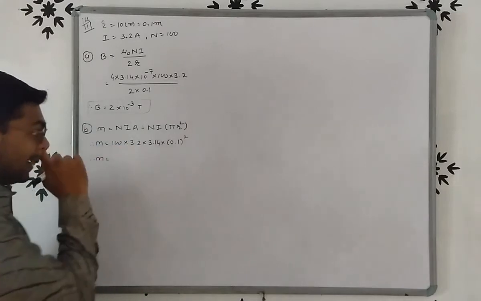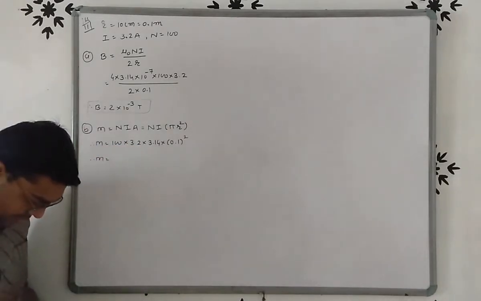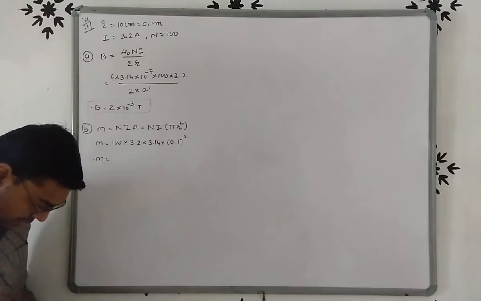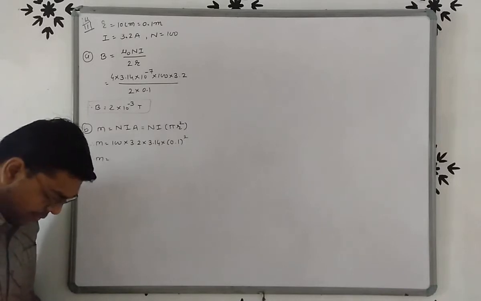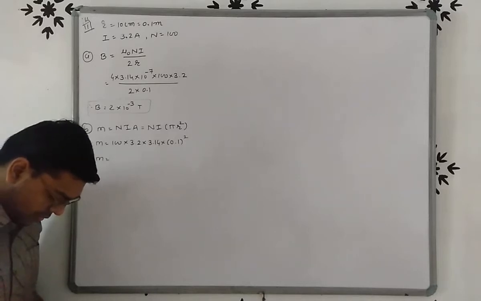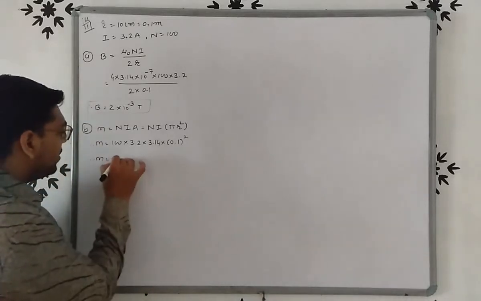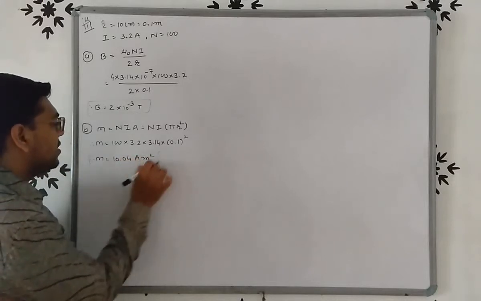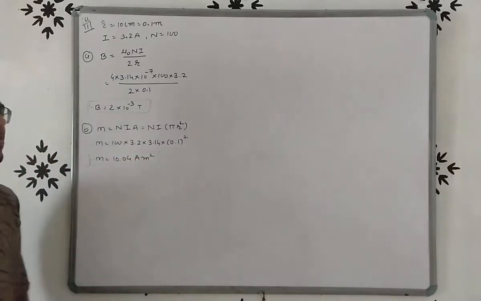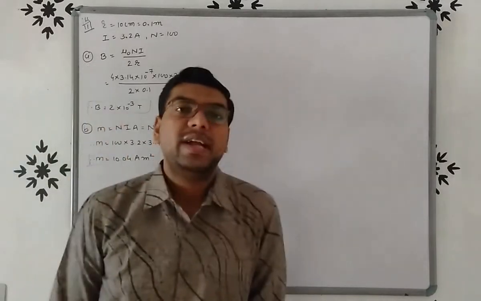If you calculate this, you will get magnetic moment M as 10.04 ampere into meter square.